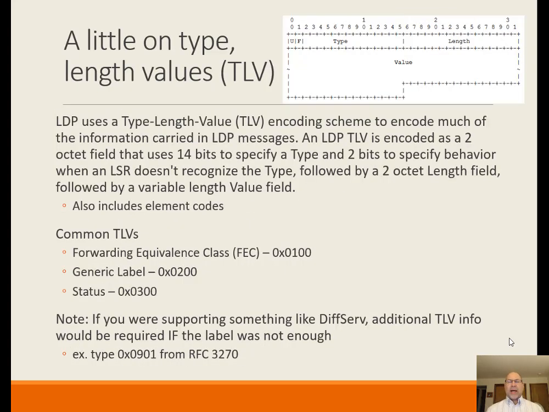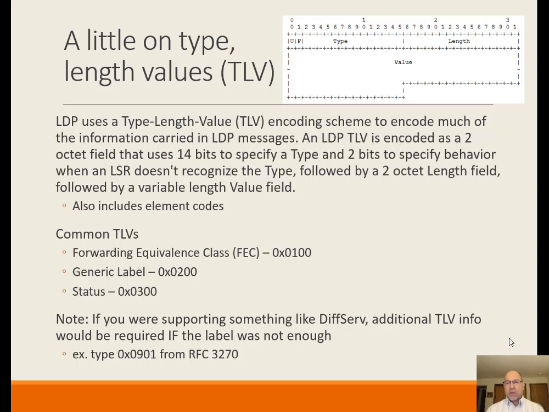So a little bit more on TLVs. Now, in many protocols, and actually many data structures, we use this abbreviation or acronym TLV. And TLV just stands for type length value. So if I give you a whole bunch of things, I say, here's a whole bunch of details describing something, and I just gave you numbers, you wouldn't know what those numbers meant.